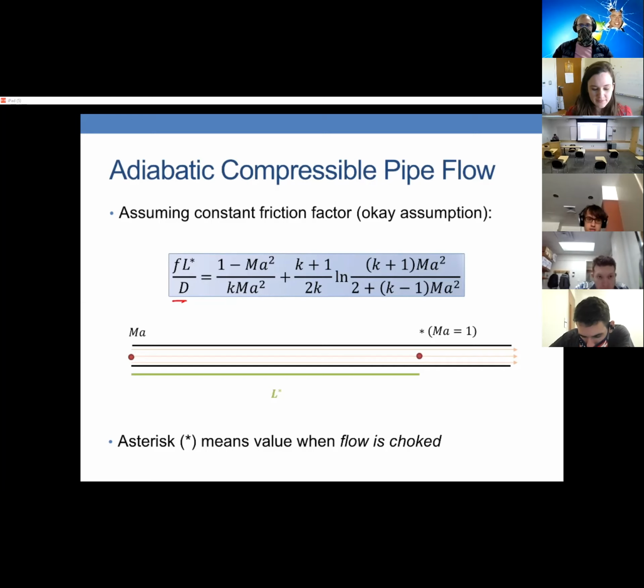So f L over D is equal to this big function of the Mach number and 1. At any point in the flow, there will be some Mach number, and you can find this, and the L star means the distance from that point to where it would choke. So even if the real pipe never chokes, this would be the distance it would take for it to choke. Does that make sense?